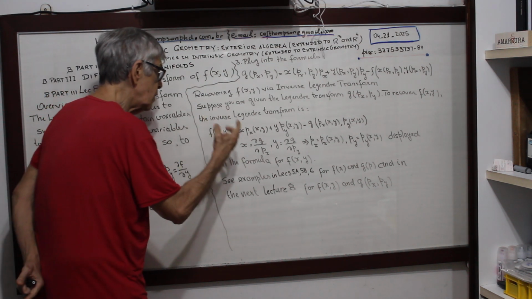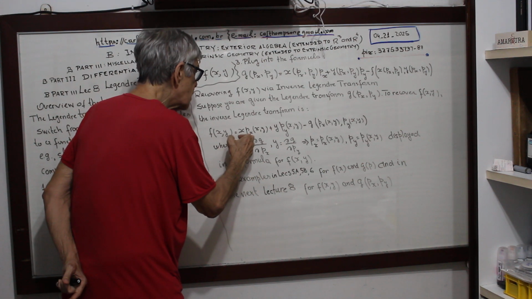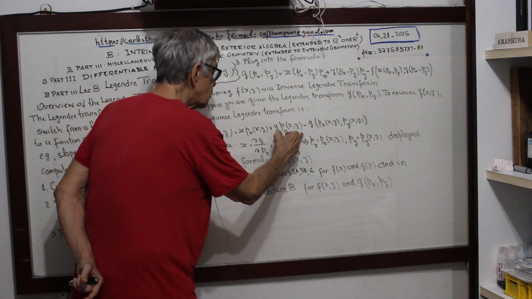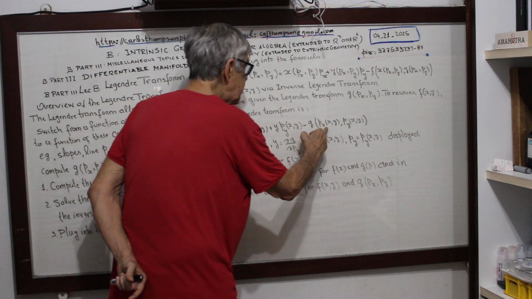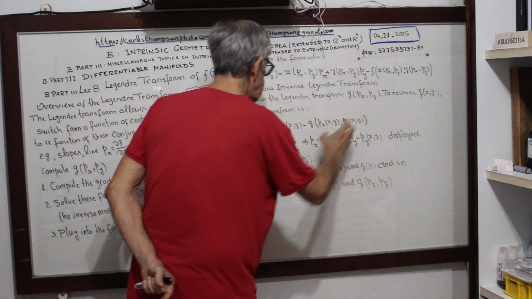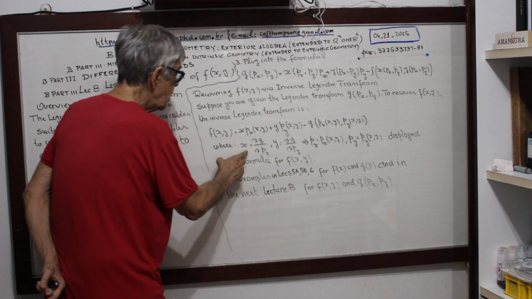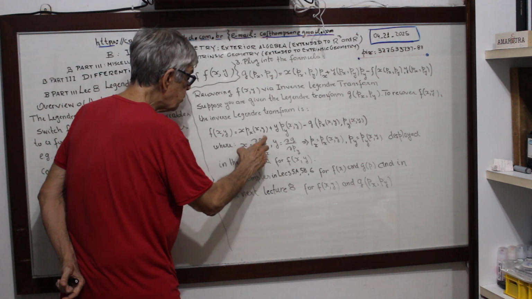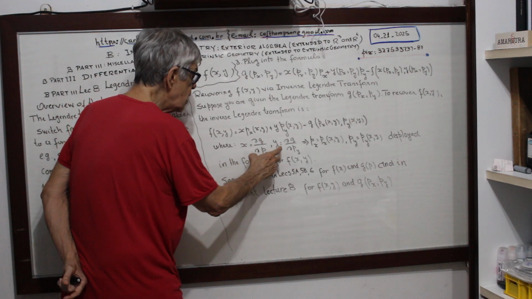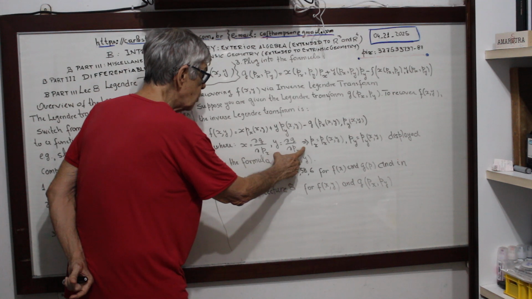So I plug here px of x and y, times x, plus py of x and y, times y, minus g of px of x and y and py of x and y. Where x is just the partial of g with respect to px, and y is the partial of g with respect to py.